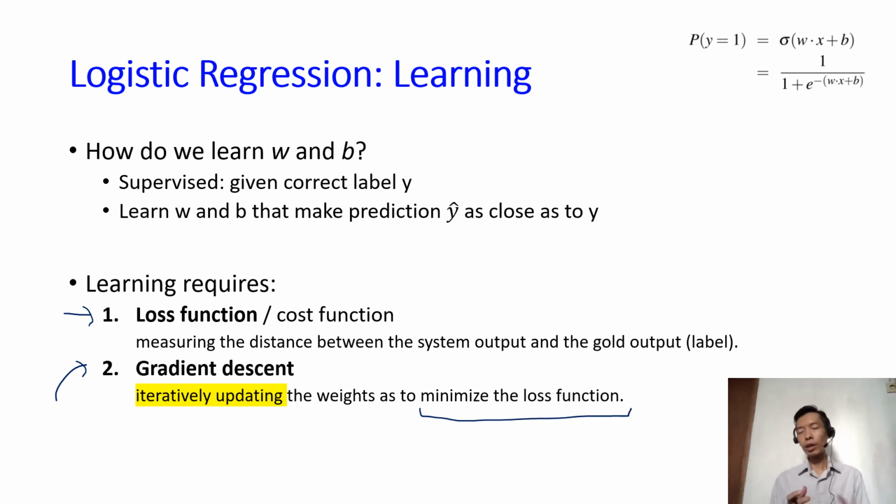So in other words, we're going to search for better and better W and B values such that the loss function gets lower and lower. Okay, so let's start with gradient descent.